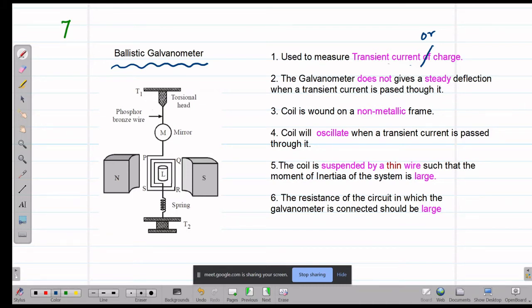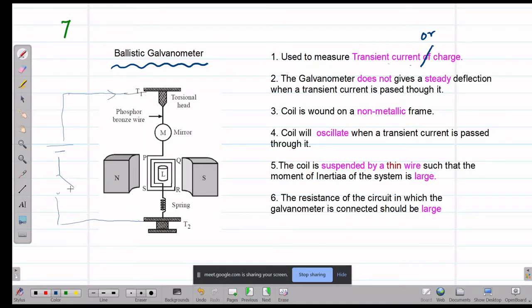Incidentally, the torsional head T1 to which the suspension wire is attached will also serve as the terminal to take the current into the coil. So we have not shown the circuit. For example, you can have a cell here and you can have a plug key here, and the circuit will be completed like this.